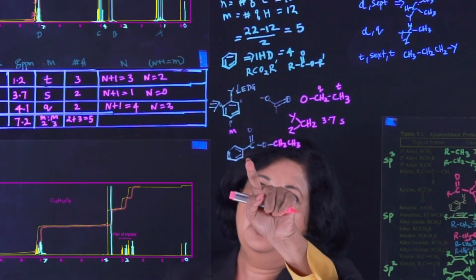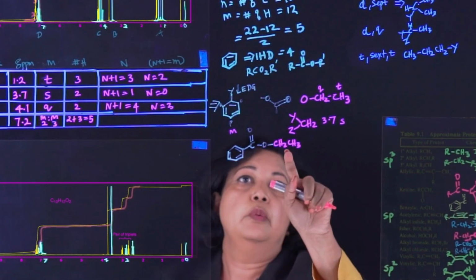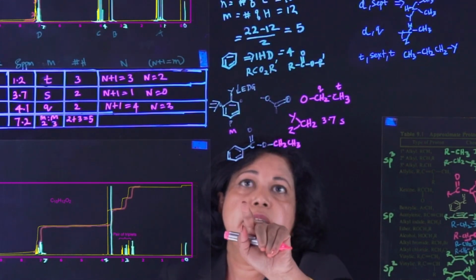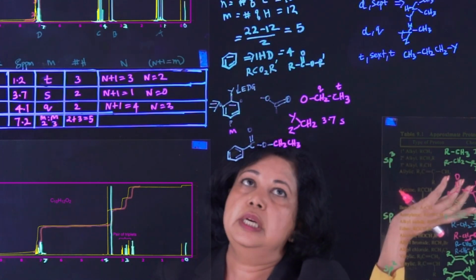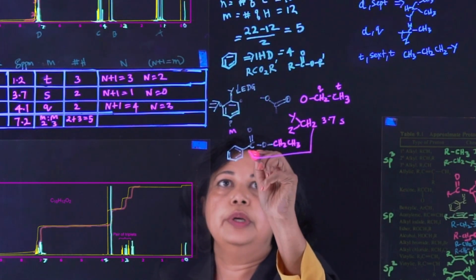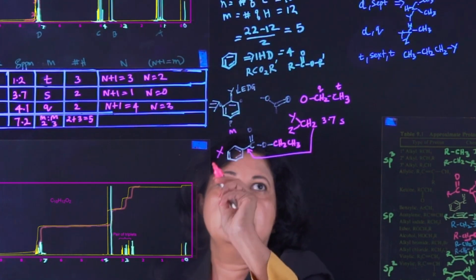Can we put it anywhere here? Obviously not, because this is monosubstituted. We cannot put it here or here because then the multiplicity will change. If you put it here, then it's not an ester. There's only one possibility for this CH2, and that is to put it right here. So now this is not correct.